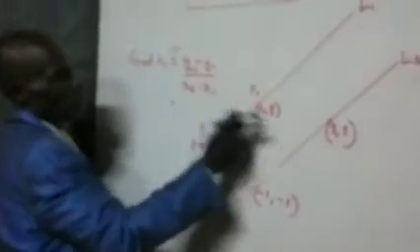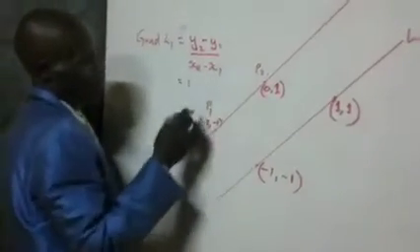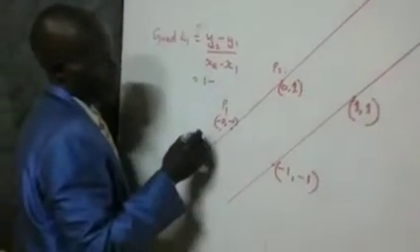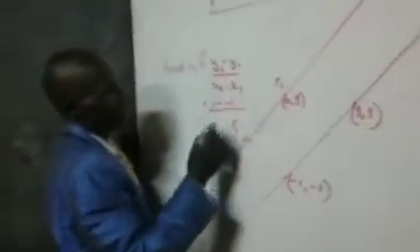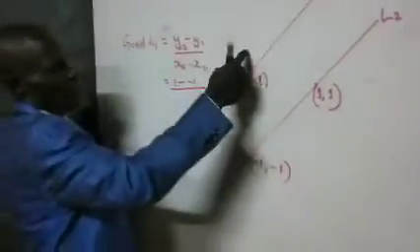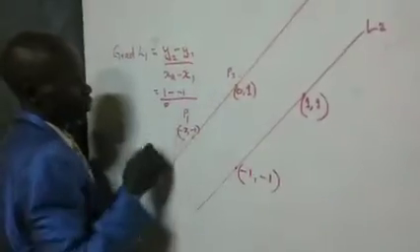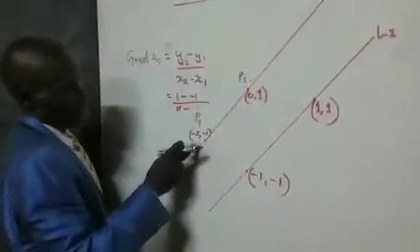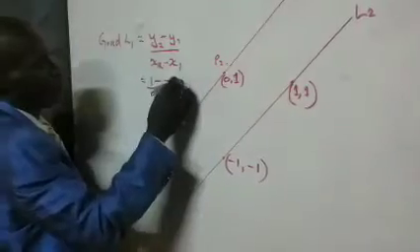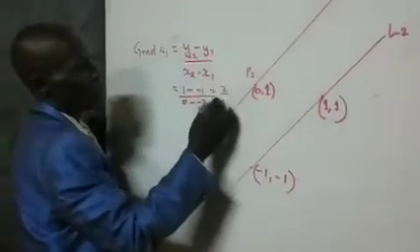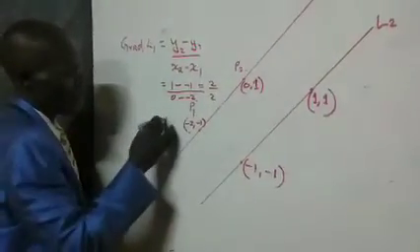So in that case, our y2 is now 1 minus y1, which is -1, over our x2, which is 0, minus the x1 here, which is -2, and therefore that is 2 over 2, and the gradient is 1.